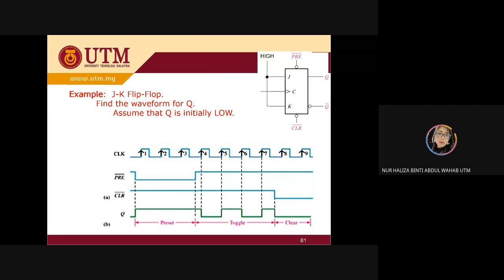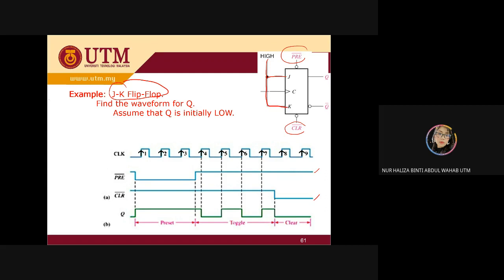Now you can see here, this is your pre and also your clear with the value already given here. And this is the JK flip-flop. Your J and K are directly connected to high.